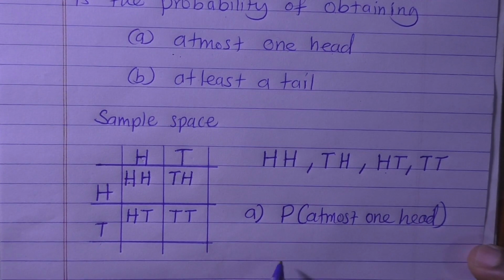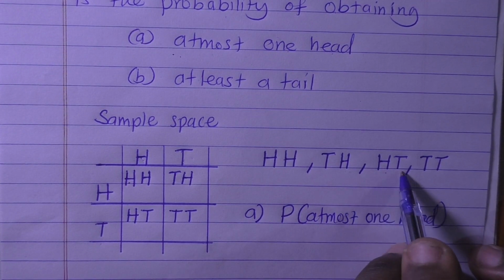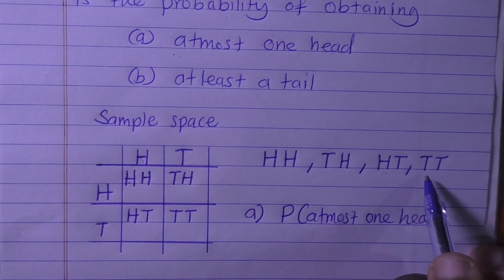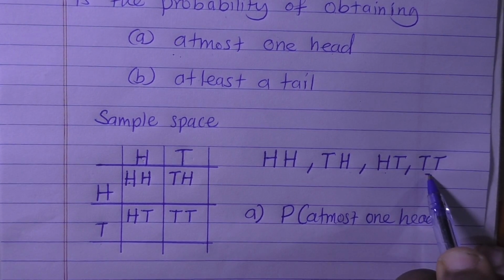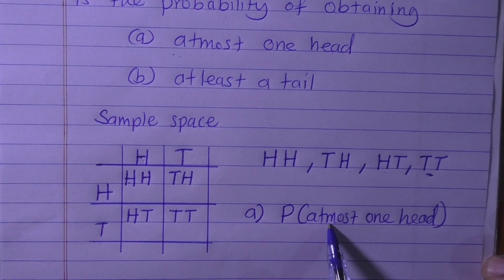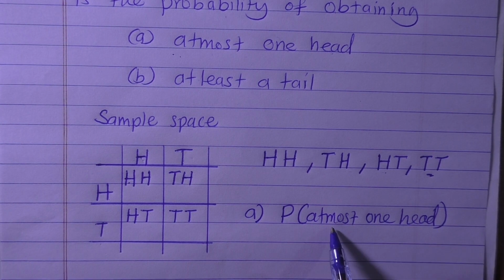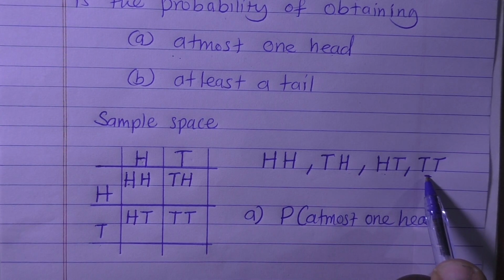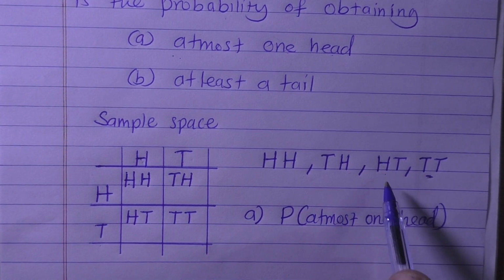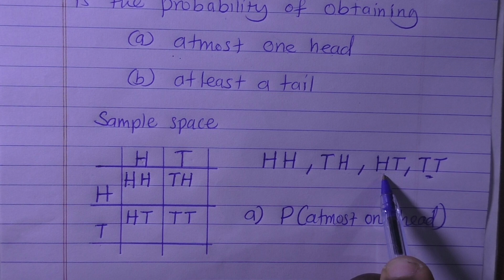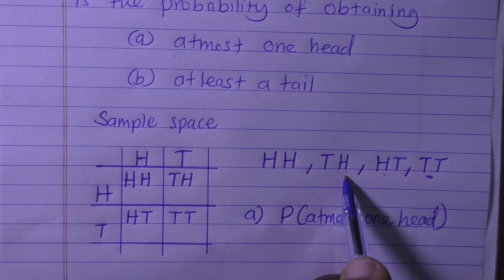So meaning that the possible outcomes here, we shall have tail tail, where we have no head, because our probability wants at most, meaning we get a maximum of one head. So we can consider 0 head where we have tail tail, or we can have head, tail, or tail, head.